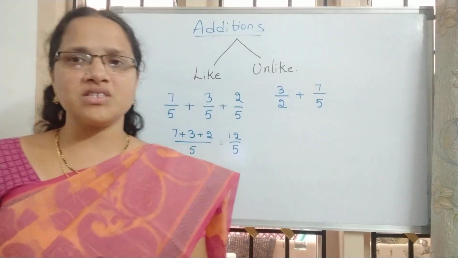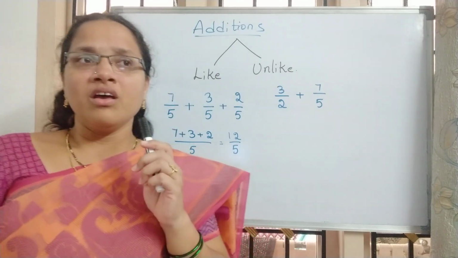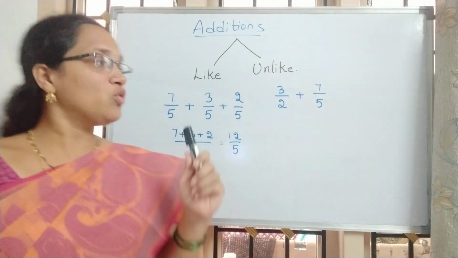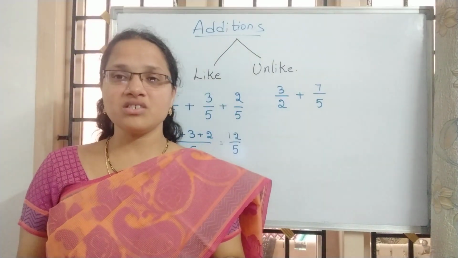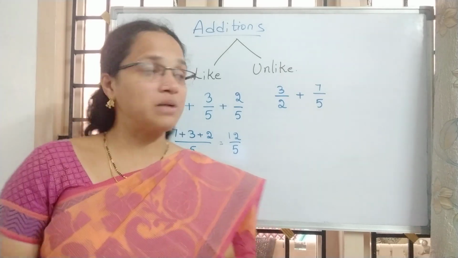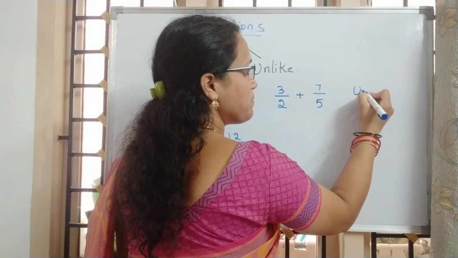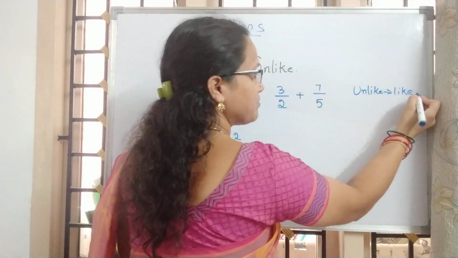Now what is the procedure to be followed when an unlike fraction is given? First and foremost, children, in maths we have a procedure to follow only with like fractions. So unlike fractions should be converted. I'll write it as a step first: unlike fractions should be converted into like fractions first.